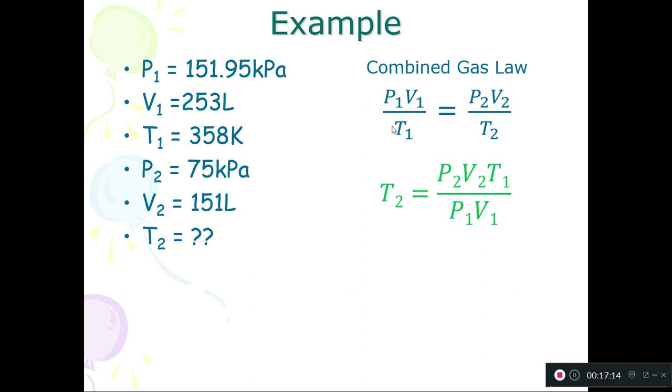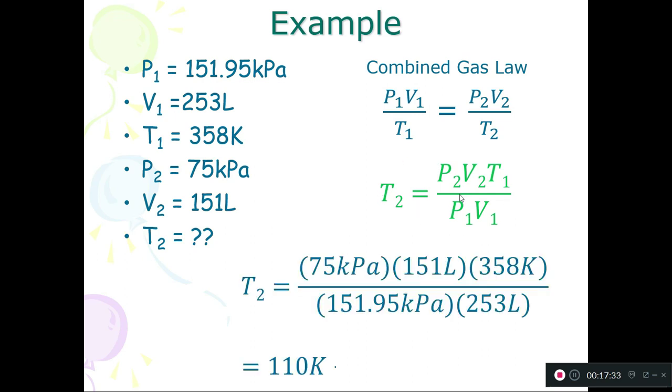But here's my combined gas law, and I solve for T2, again, by cross multiplying: P1 V1 T2 equals T1 P2 V2, and then dividing both sides by P1 and V1, I get this expression for what T2 is. Plug all the numbers in, and I get that I am at 110 kelvins, only 2 sig figs, which is a negative 160 degrees Celsius.